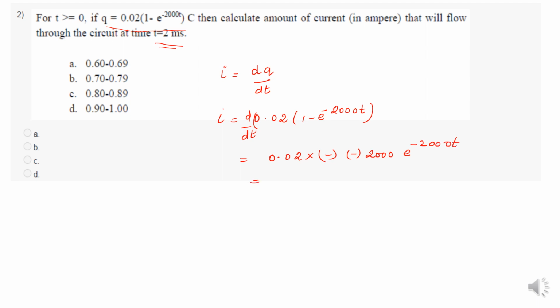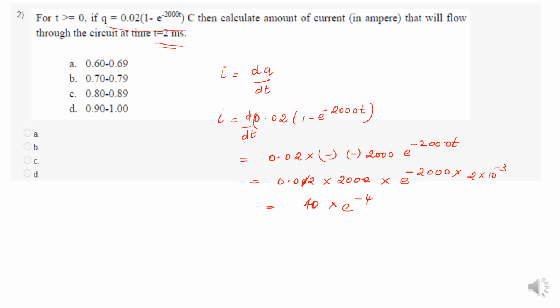So 0.02 into 2000 into e power minus 2000 t. What's the time given? 2 milliseconds, 2 into 10 power minus 3. Now 0.02 into 2000 is 40, so 40 into e power minus 4.